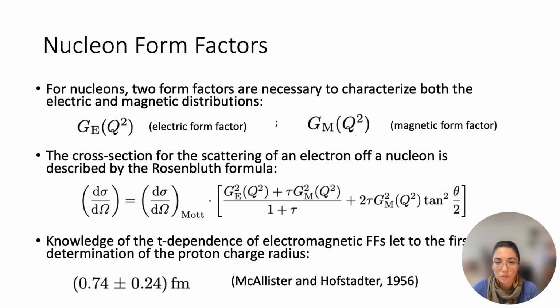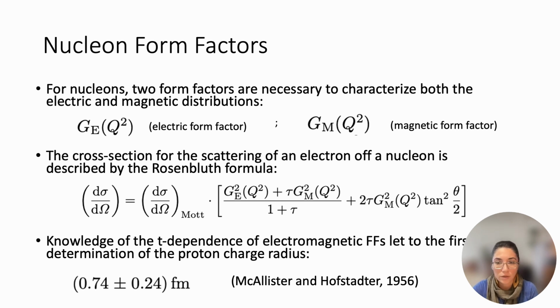G of E as a function of Q squared, which is the electric form factor, and G of M as a function of Q squared, which is the magnetic form factor, where Q squared is the forward momentum transfer that is related to the scattering angle in experiments where particles are scattered by electromagnetic interactions. And so the measured Q squared dependence of the form factors basically gives us the information about the radial charge distribution.